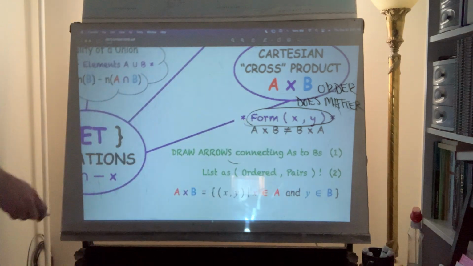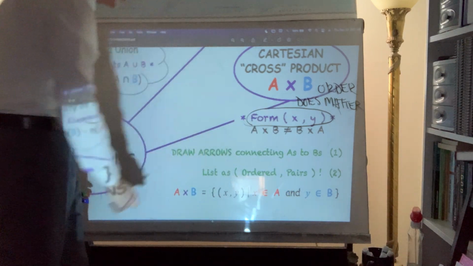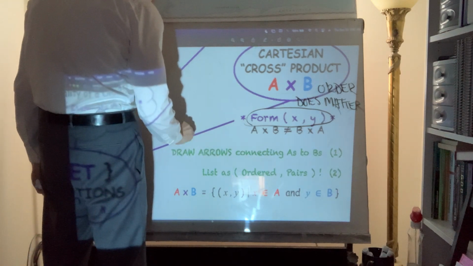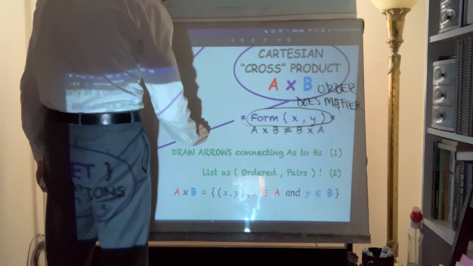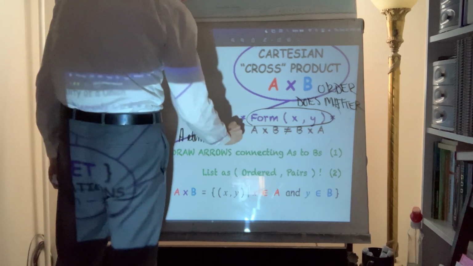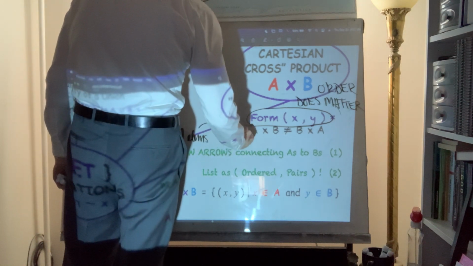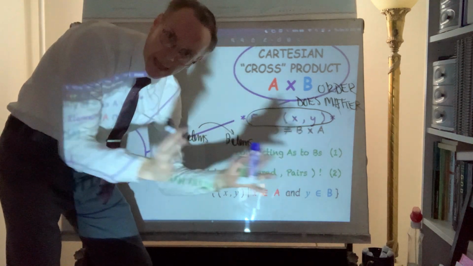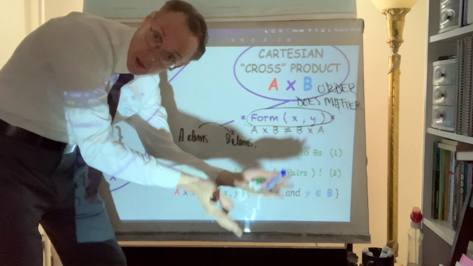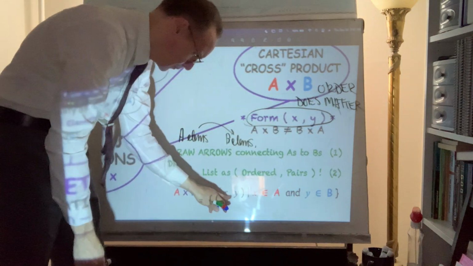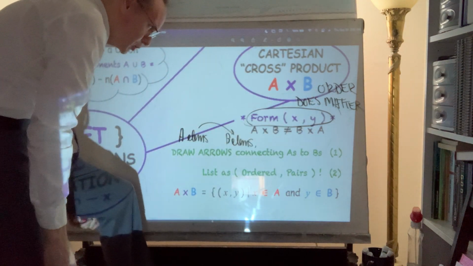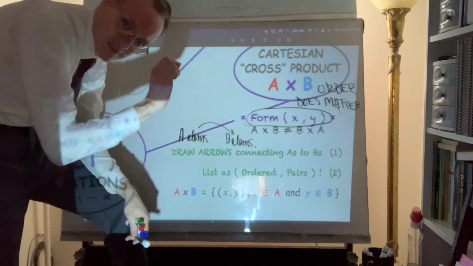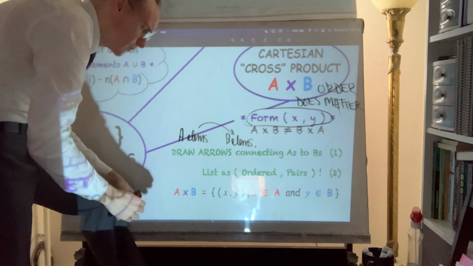Now, the easiest thing I can tell you to do is basically this: draw arrows from A elements connecting to B elements, and then pair them together in each their own little parentheses separated by a comma to be very official. Technically, these are referred to as ordered pairs, even if they're not dots on a coordinate plane.